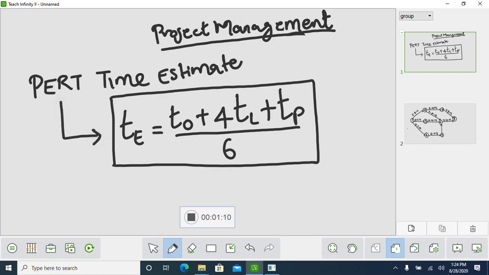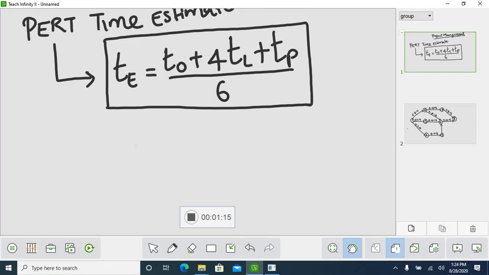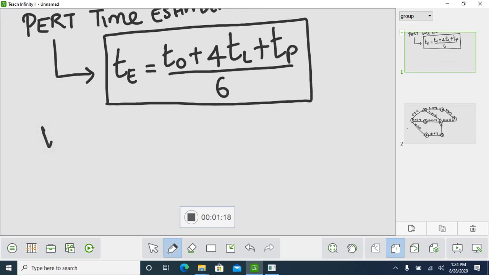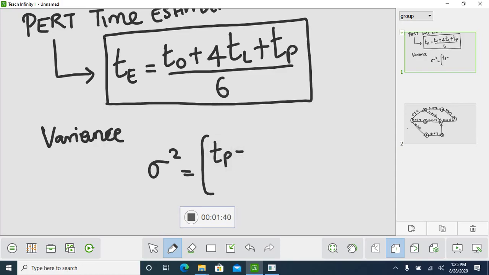So the next formula is variance. The variance formula is sigma square equal to pessimistic time, that is TP, minus optimistic time, that is TO, divided by 6, whole to the power of square.